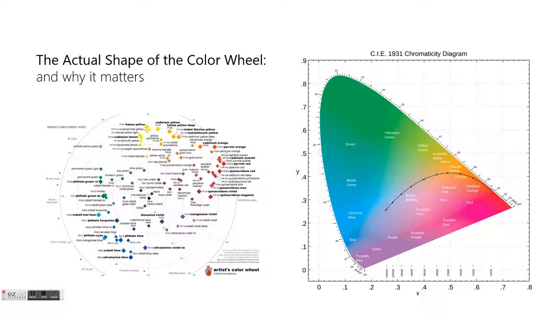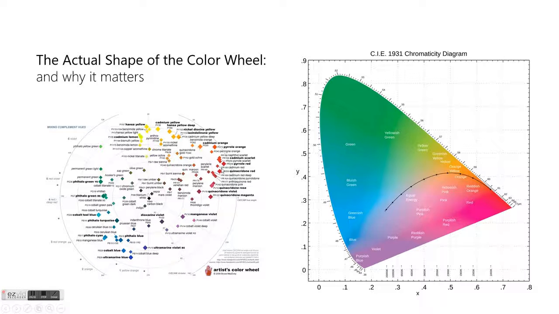When we're in school, we learn that the color wheel is round, circular, and that's a bit of a lie, but the bigger lie is that the color wheel is evenly spaced, that you have three primary colors and that the spacing between them is equidistant, like the distance from red to yellow and yellow to blue is equally the same, and that then the halfway points are equally distant, right?